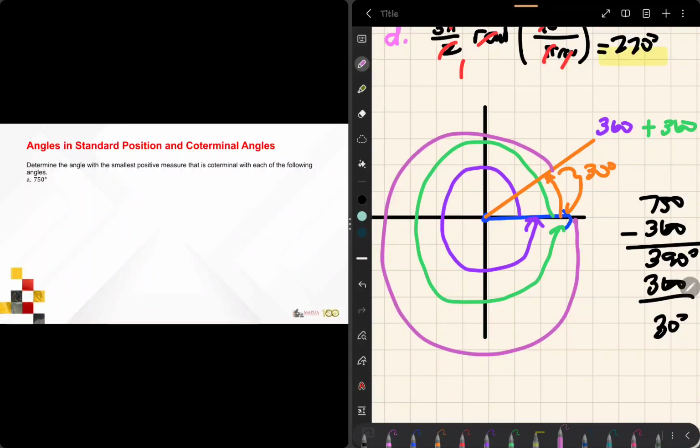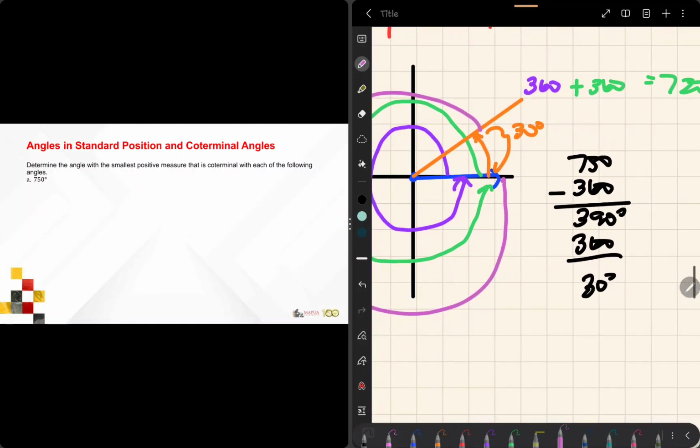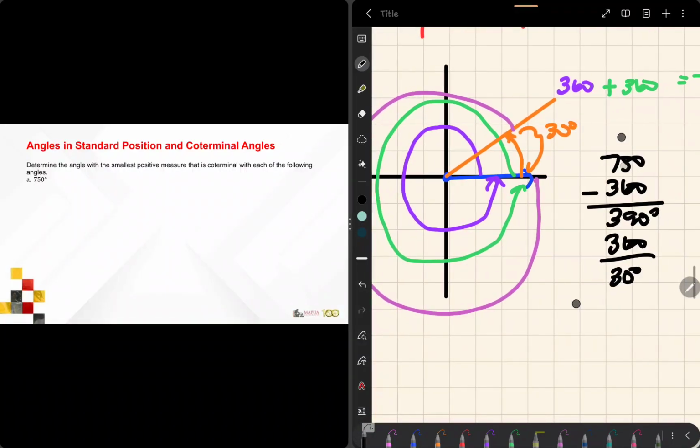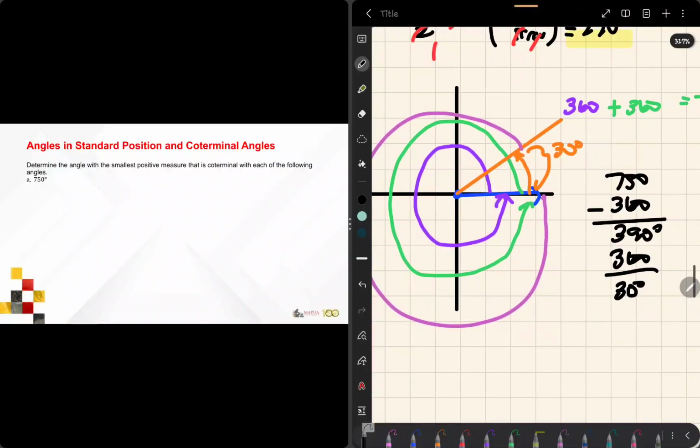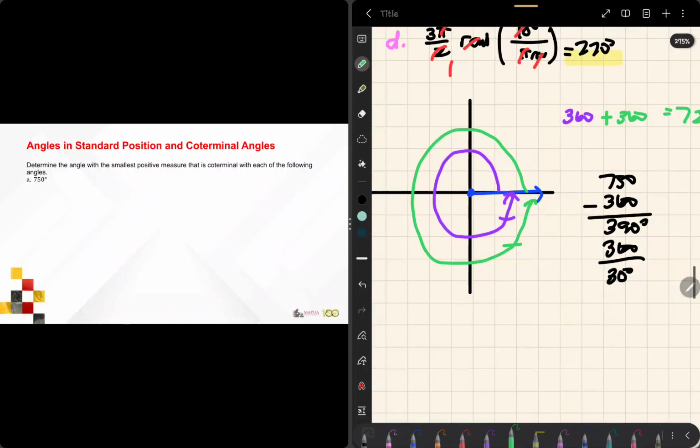Since we are tasked to find the smallest coterminal angle, this should be equal to 30 degrees. So we can see it just rotated 2 times, one time for 360 degrees and another time for another 360 degrees, and then the remaining angle is 30 degrees.